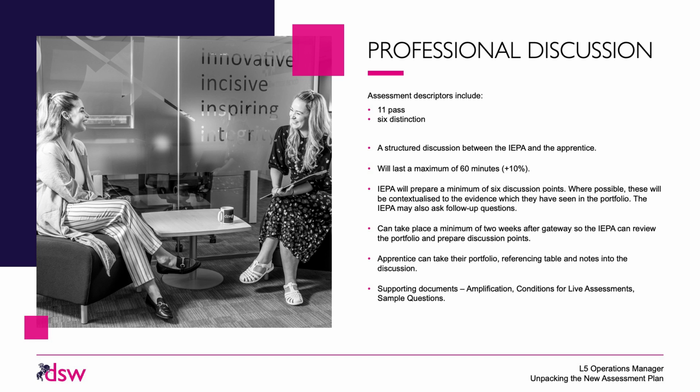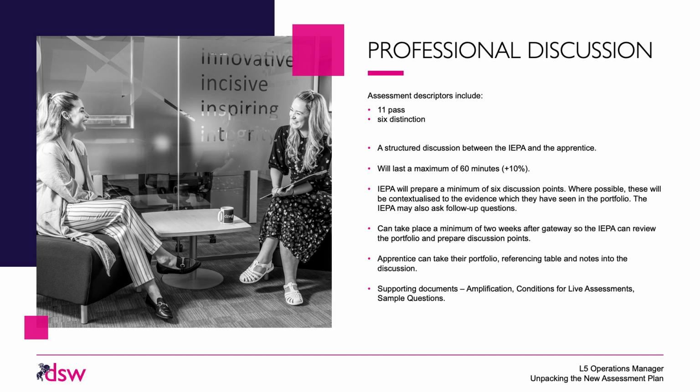So moving on to the professional discussion. This is supported by and underpinned by that portfolio of evidence. It consists of 11 pass and 6 distinction descriptors, and it is a structured discussion between the assessor and the apprentice themselves.